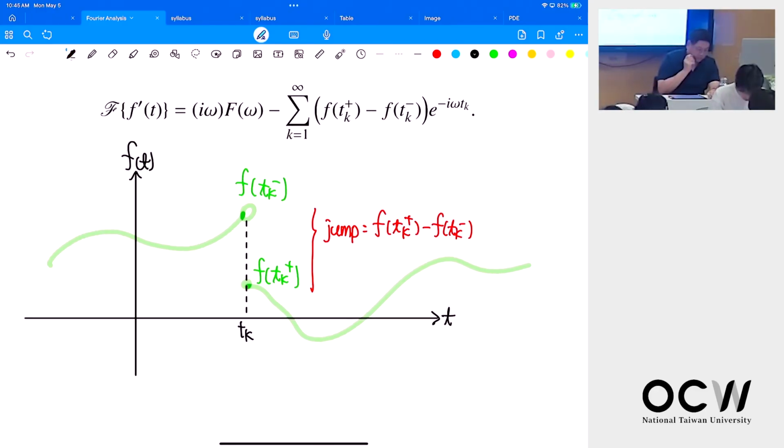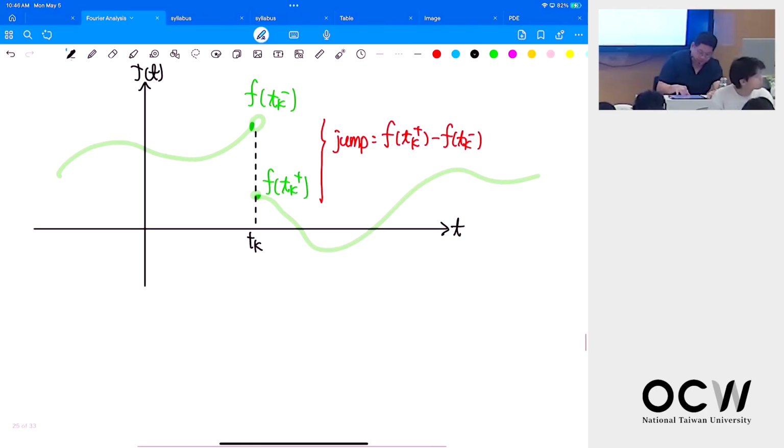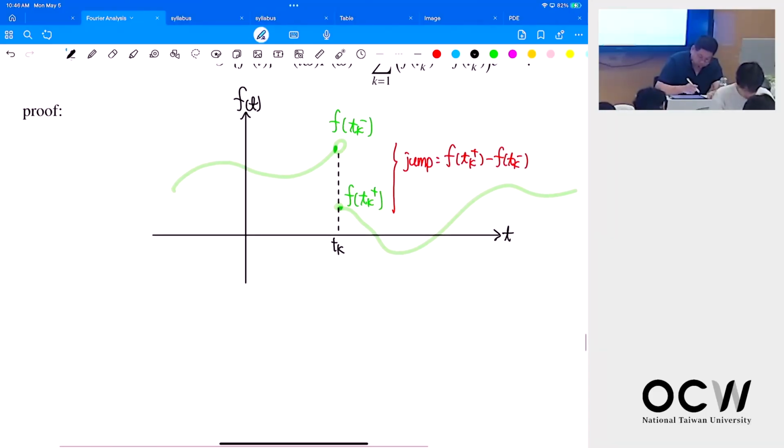Now we just assume we have one discontinuity at t1. Here tk is just t1. And let's figure out what is the Fourier transform of the first derivative. So we assume only one discontinuity.